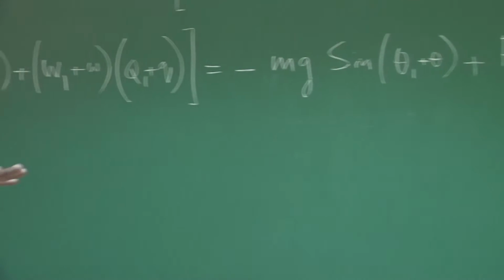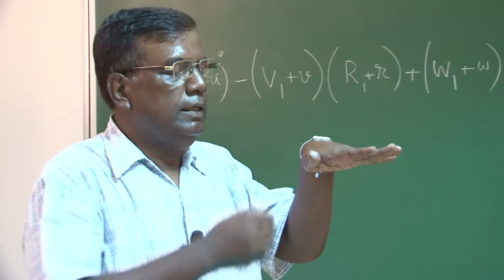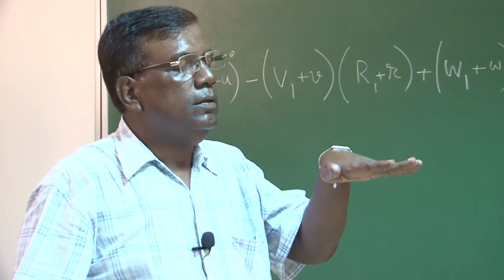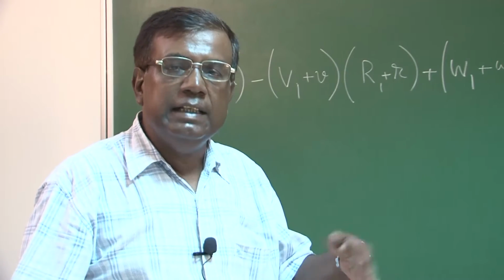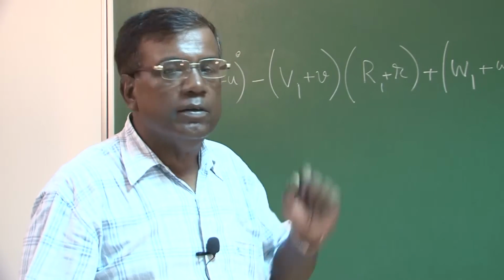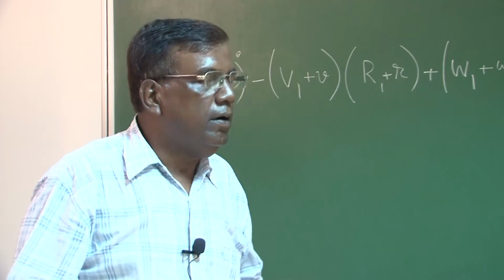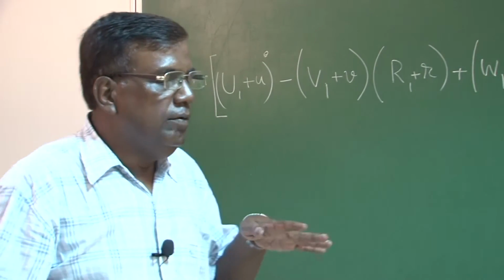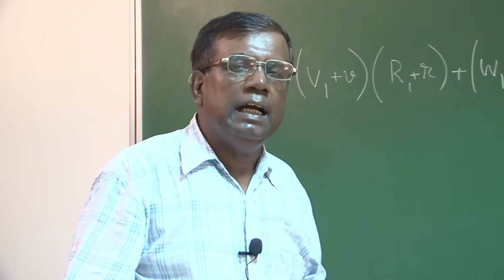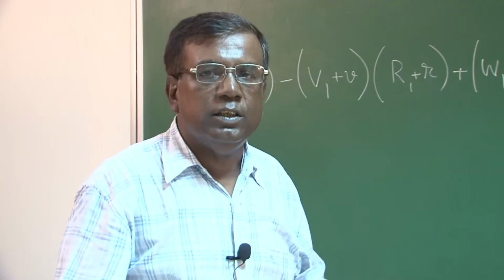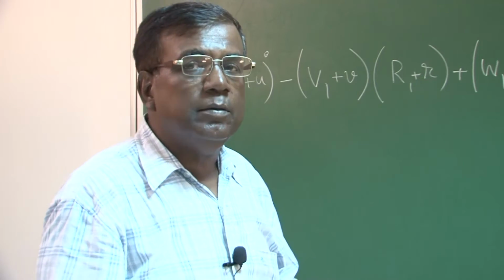You understand, if I am flying at a cruise and suddenly I have given some disturbance, so its angle of attack may change. The angle of attack will cause change in the lift and the drag, so the aerodynamic forces will change. Similarly for the propulsion side, if it is, let's say, a propeller driven engine, as there is change in angle of attack, there will be change in the thrust in terms of the direction.